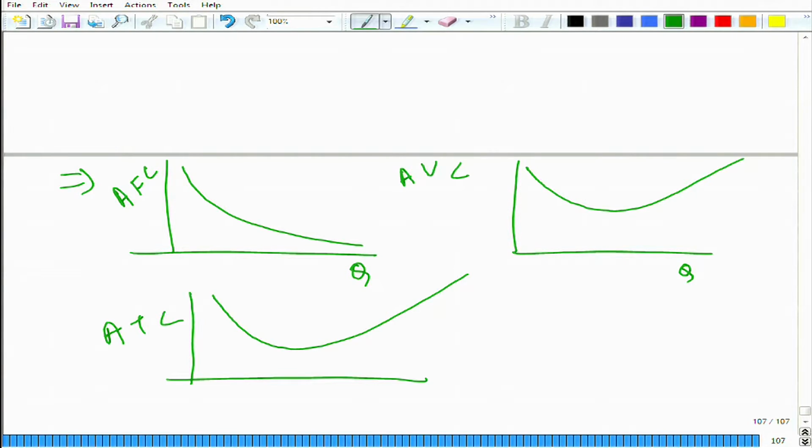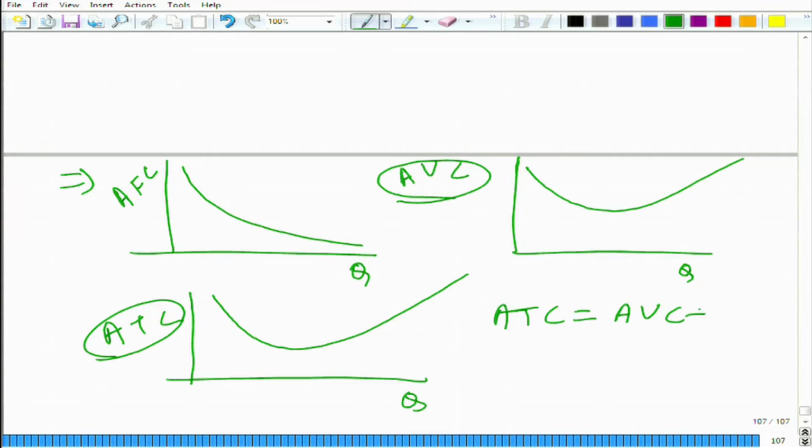Also, if you look at this graph, average variable cost and average total cost, if I bring the same graph here, what happens? Look at it here, average total cost is nothing but average variable cost plus average fixed cost. As Q is increasing, average fixed cost is falling.